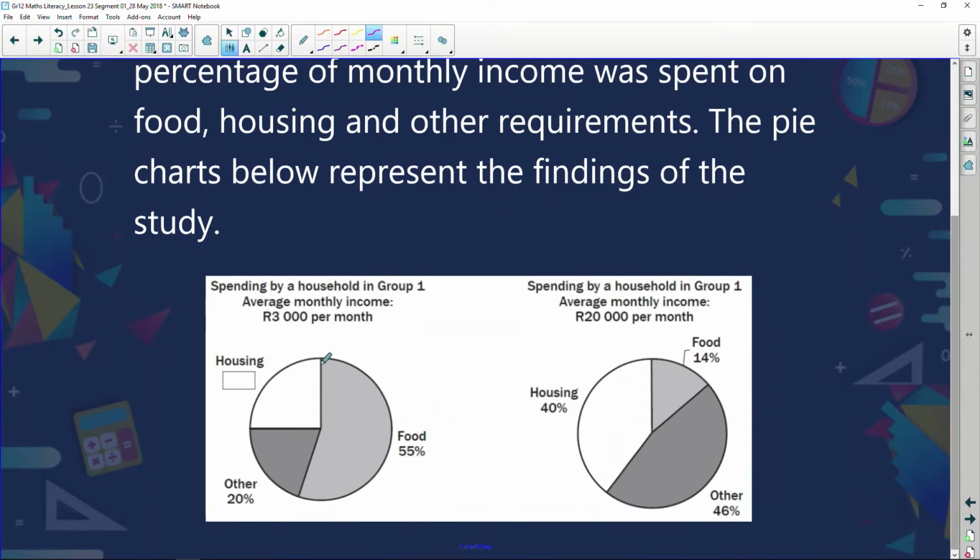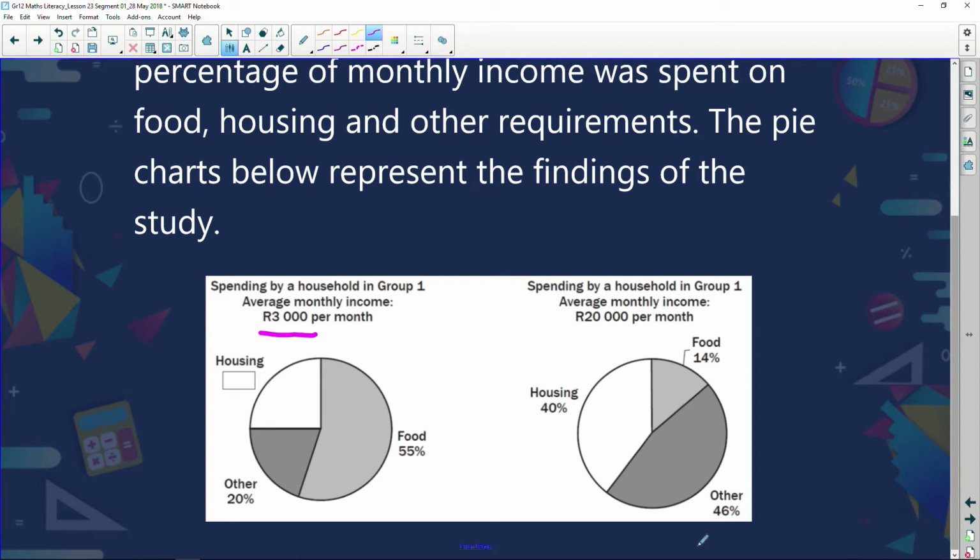So if you look at this, you can see that this household that earns an average of 3,000, they spend 55% of their salary goes to food. Whereas these people that earn 20,000, only 14% of their salary goes to food. 20% here goes to other little things when they earn 3,000.